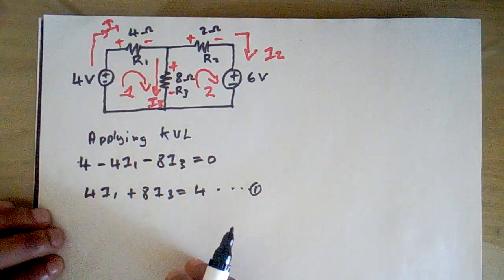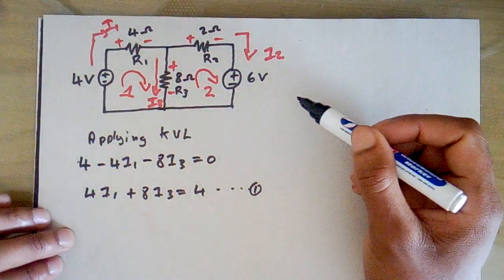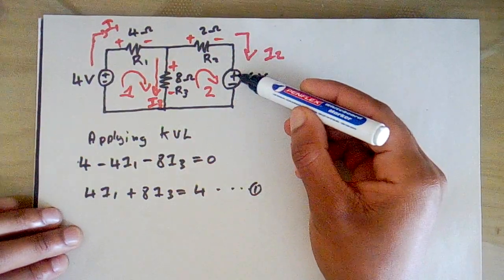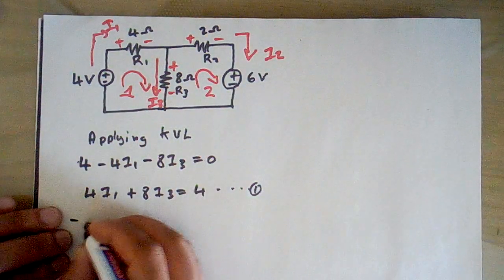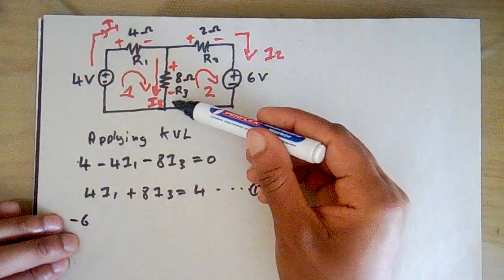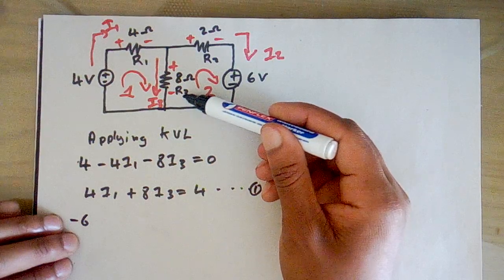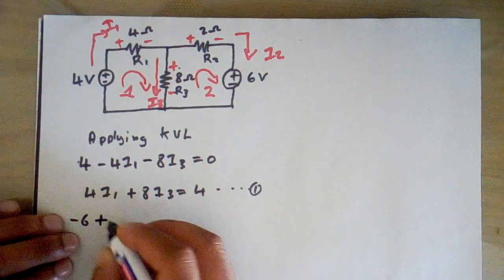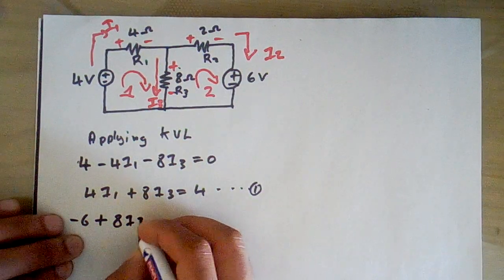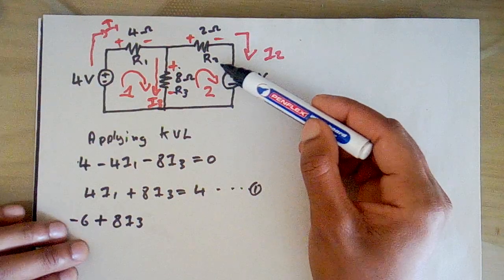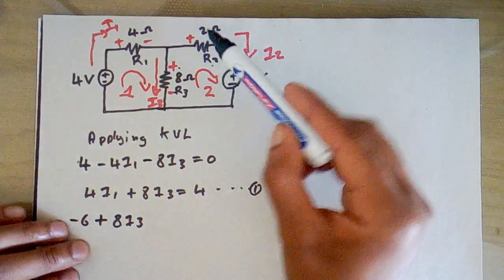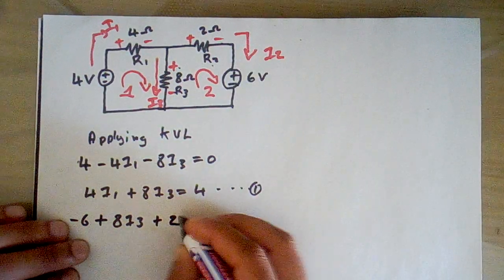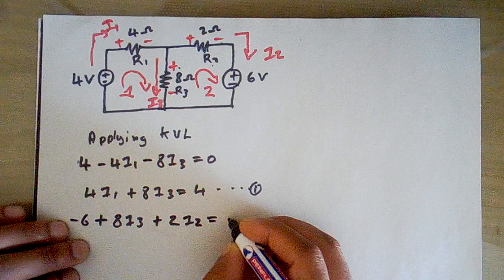Now on loop 2, when we apply KVL, we start from the power source. Our power source goes from positive to negative, so therefore it's going to be negative 6. Then we go to R3. Its voltage goes from negative to positive, so therefore it takes positive. Then we go to R2. Its voltage goes from positive to negative, so this is plus 2 I2 equals to 0.